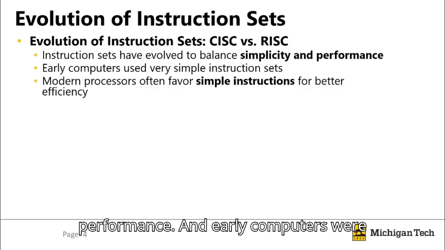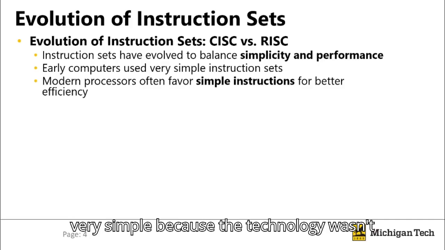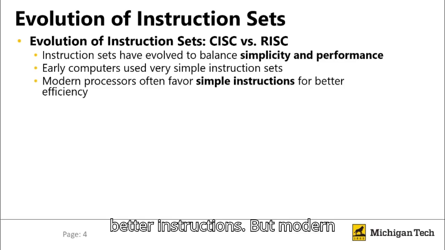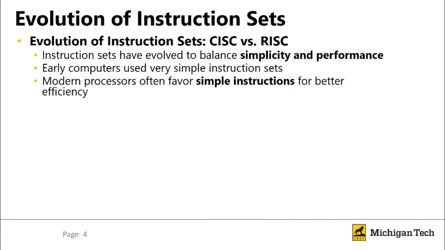Early computers were very simple because the technology wasn't advanced enough to have better instructions. But modern computers are getting simple again because we hit the power wall.